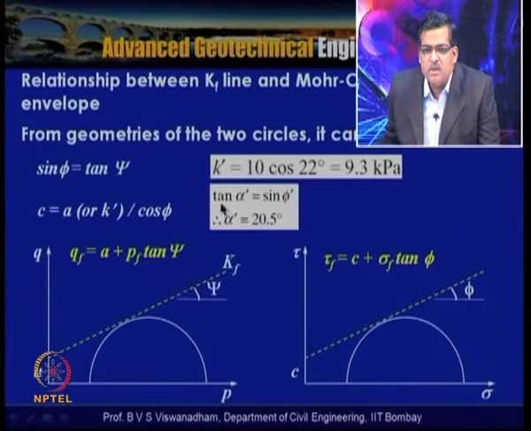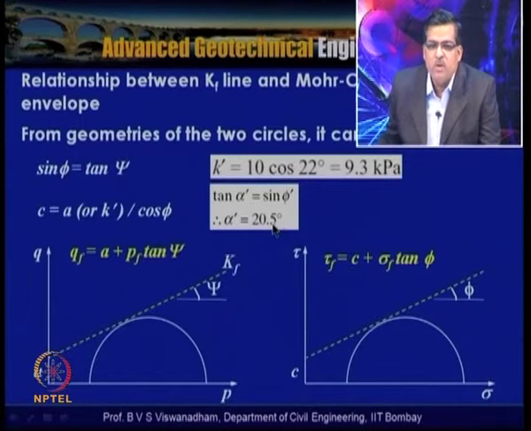C is given as 10 kilopascals, so 10 cos 22 is around 9.3 kilopascals. That means we get A or K dash as 9.3 kilopascals in Q and P space, and tan alpha dash is equal to tan psi, which is equal to sin phi dash. Phi dash is 22 degrees, so tan alpha dash is equal to sin 22 degrees, which gives alpha dash equal to 20.5 degrees.